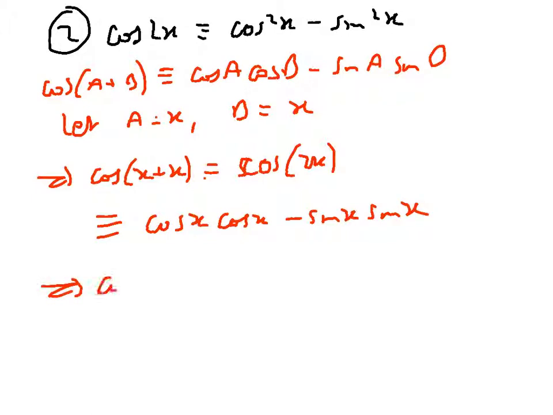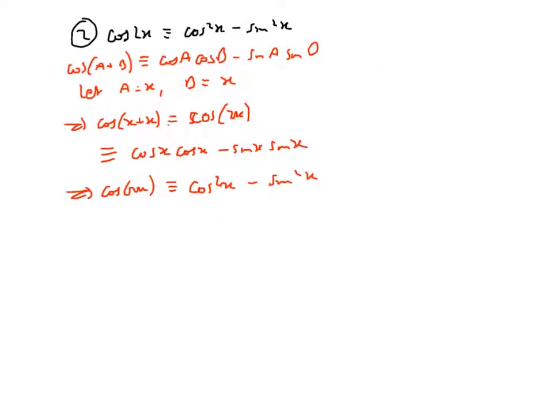So therefore I can say that cos 2x is always equal to cos squared x minus sine squared x, as required. So like I said, guys, this is your first main identity, which is proved by this formula here. Let's call that version 1.